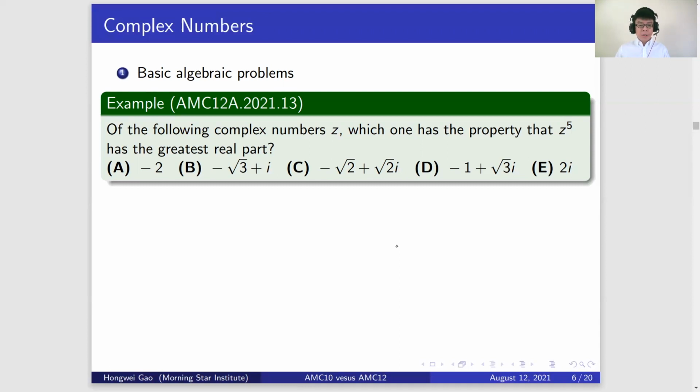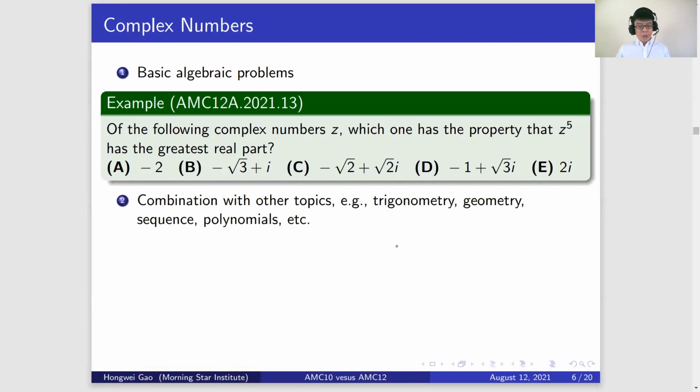In particular, it is very helpful if the student knows De Moivre's theorem. As already mentioned, complex numbers could appear in other topics. For example, they are closely related to trigonometry in terms of Euler's formula. They are also used to interpret certain geometric relationships on plane figures.